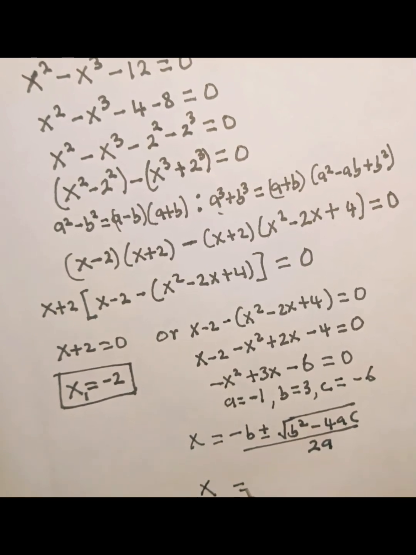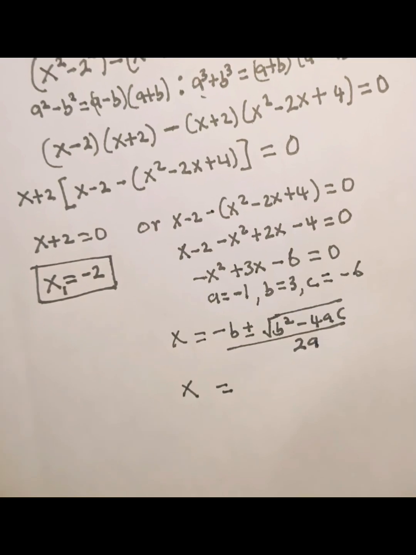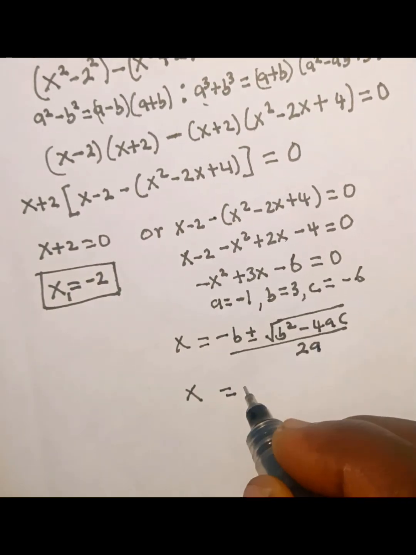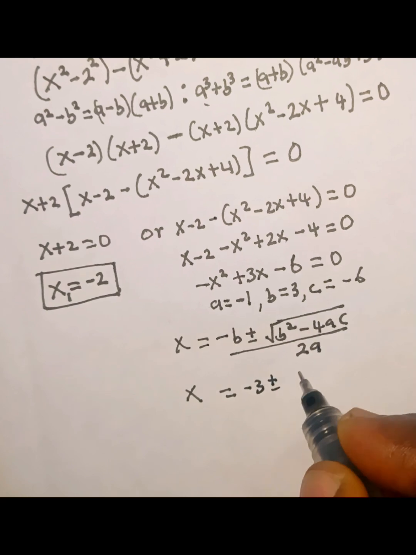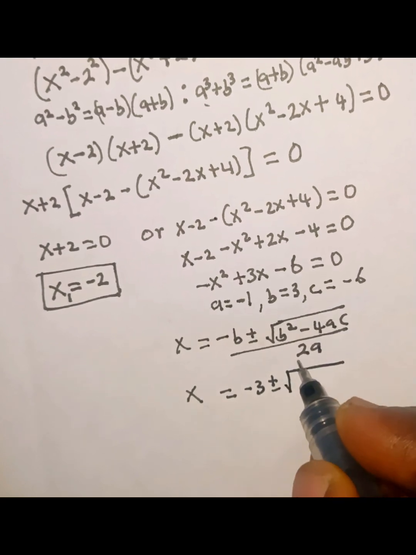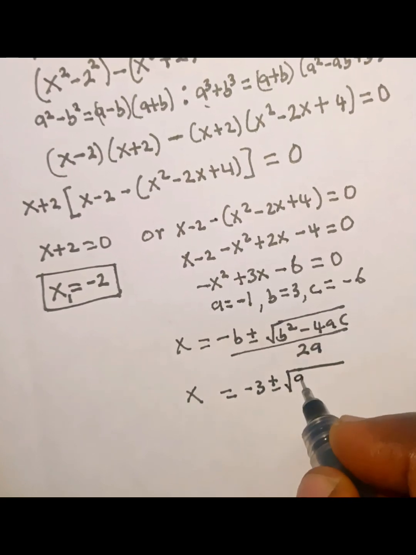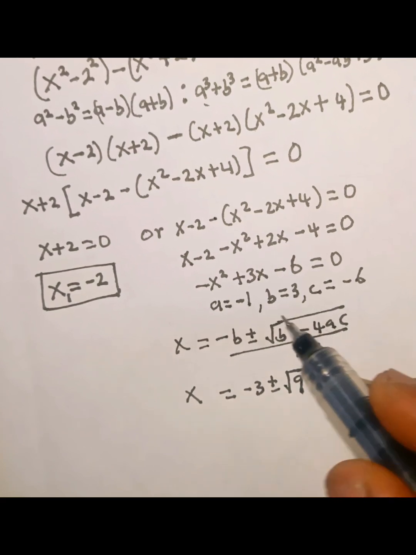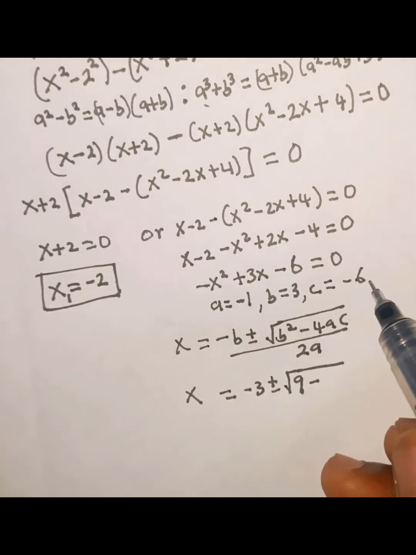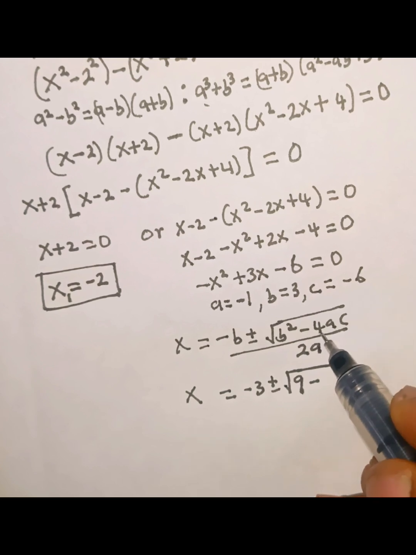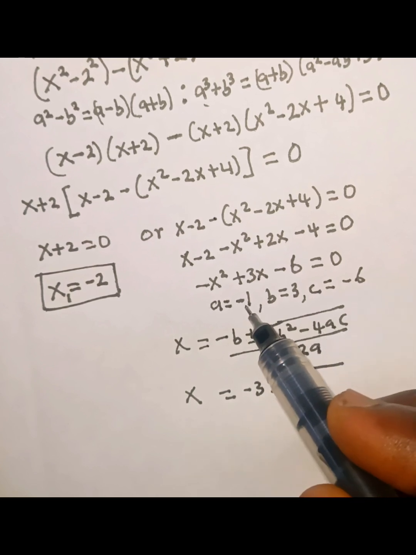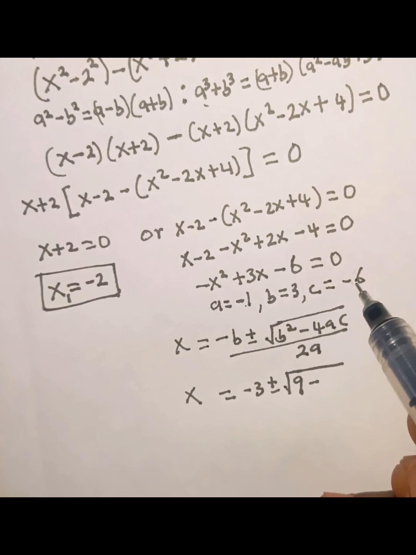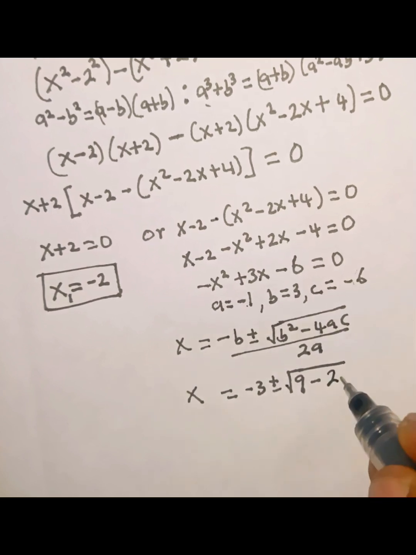So x now will be equal to negative b, and b is 3. So it's going to be negative 3 plus or minus square root of b square. B square is going to be 3 square, which is going to be 9. Then minus 4ac. A is -1 and c is -6. So we have 4 multiplied by -1 is going to give us -4, and -4 multiplied by c is going to give us 24.